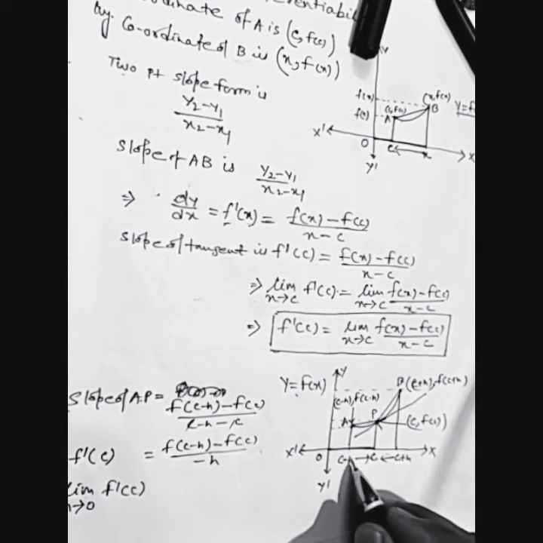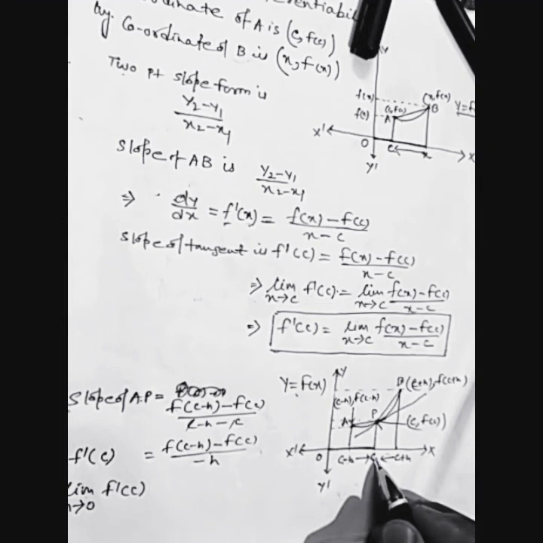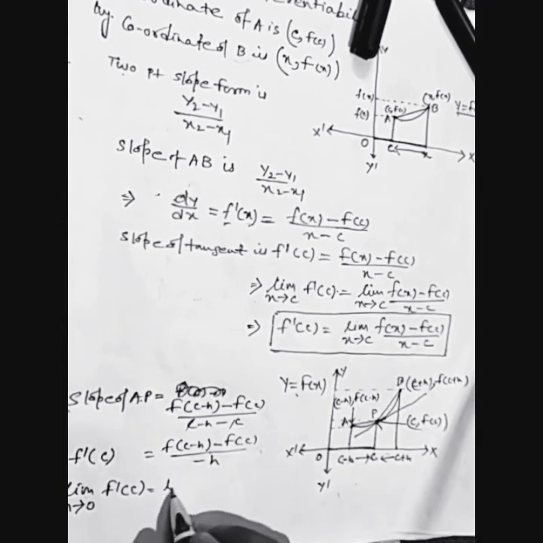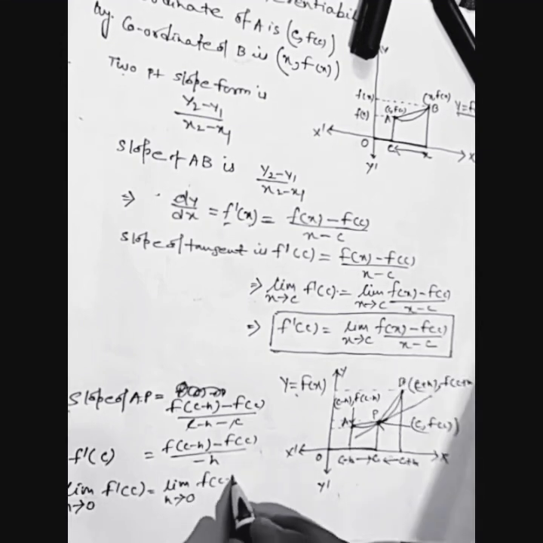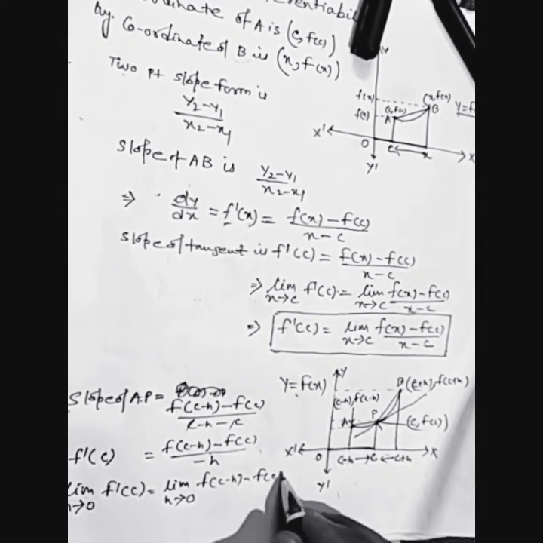Now taking limit h tends to 0. Now you see why I have taken h tends to 0, because when c minus h tends to c, then h will always tend to the point 0. Limit h tends to 0, f of c minus h minus f of c divided by minus h.